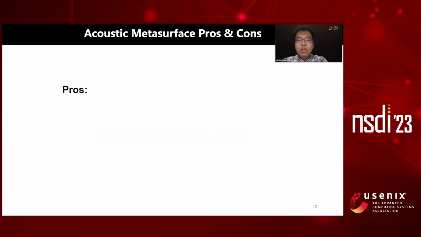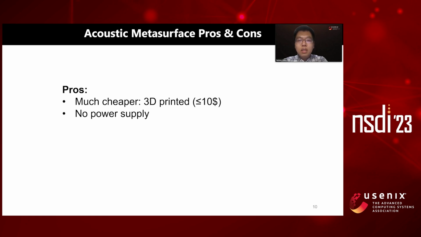There are several advantages of using a metasurface instead of an ultrasonic phased array. Firstly, since metasurfaces are typically 3D printed, they are considerably more cost-effective compared to a phased array. For instance, the most affordable DIY phased array costs around $200. Secondly, a metasurface requires no power supply.